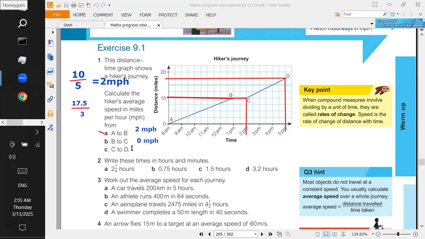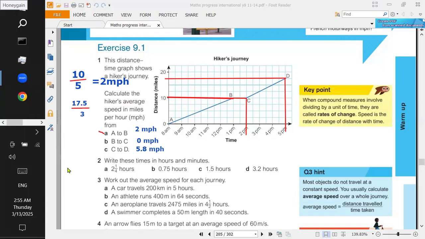It's going to be 5.8 miles per hour. And this is how you answer a question like this. So the idea of finding the speed, you have to find the distance and then find the time, divide the distance over the time, and it will give you the speed.